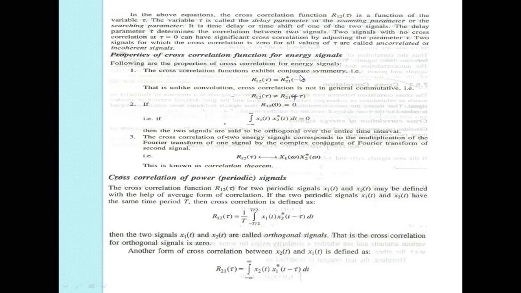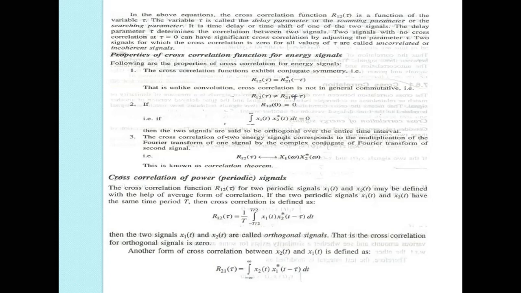Incoherent signals. Coherent signals means there is cross correlation, similarity, relatedness, identity, or coherence. But there is no similarity between these two signals.